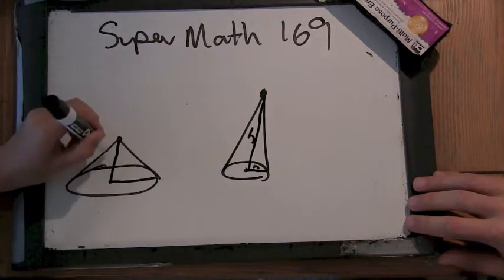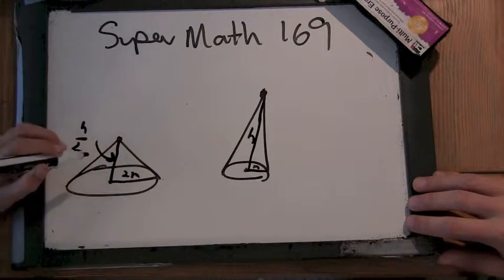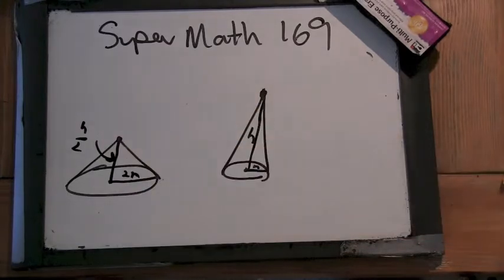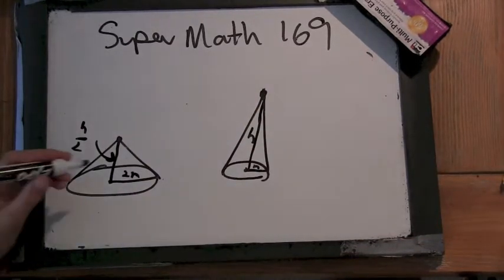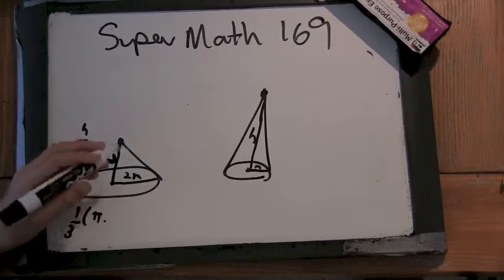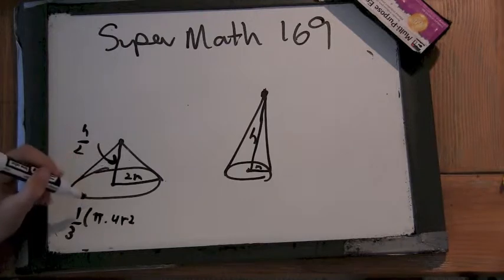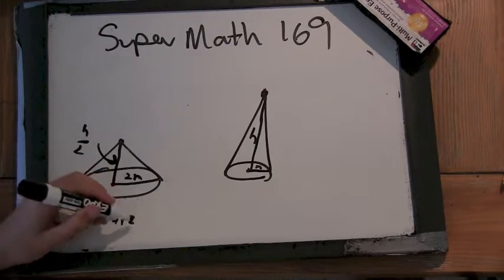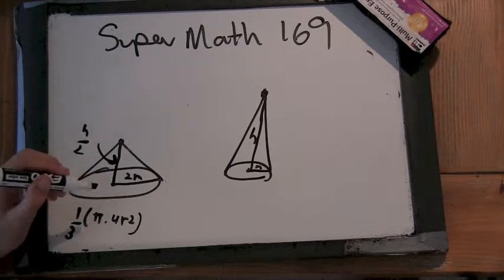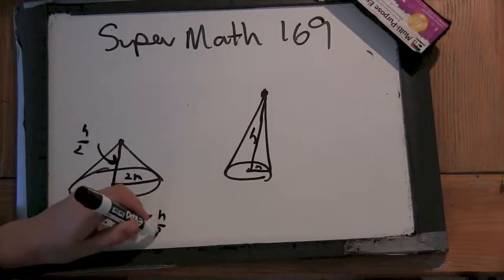And what about the other cone? This is H over 2 and 2R. Okay. So what's the volume here? The volume here is 1/3 pi times 4R squared. It's pi r squared, that's the area of the base, times the height, H over 2.